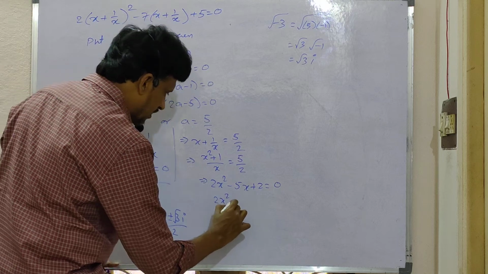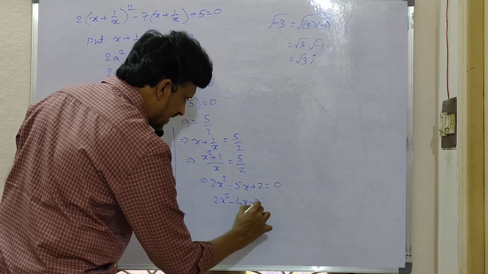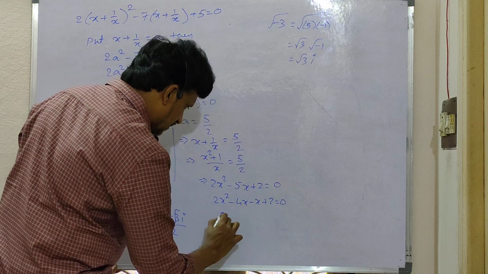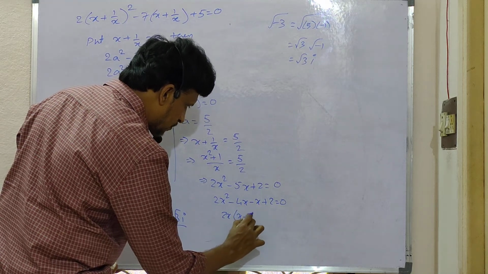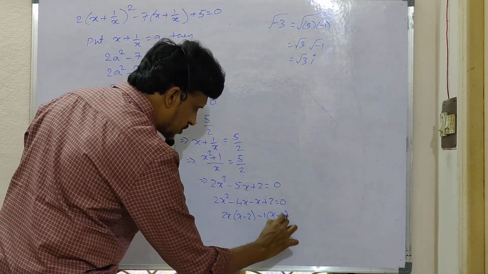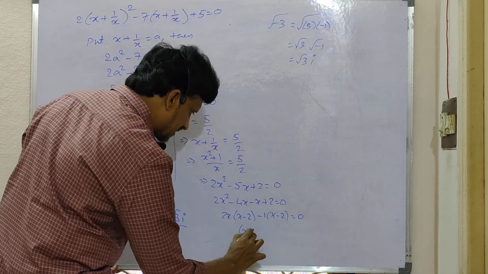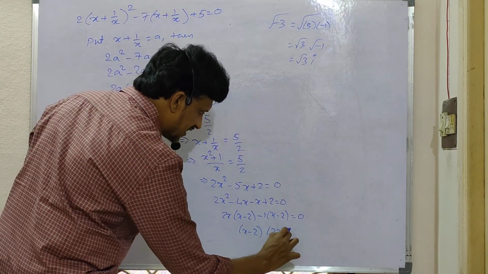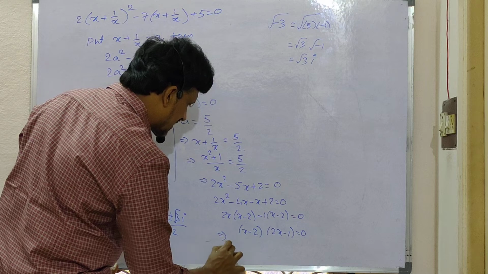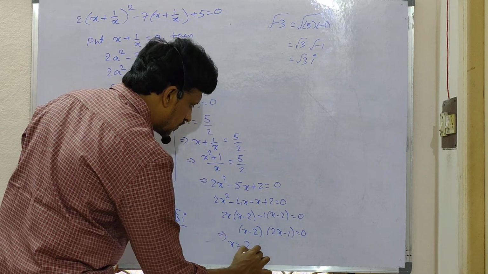So factorization, 2x square minus 4x minus x plus 2 is 0. That is 2x into x minus 2 minus 1 into x minus 2 is 0. Gives x minus 2 into 2x minus 1 is 0. So the values of x are 2, 1 by 2.